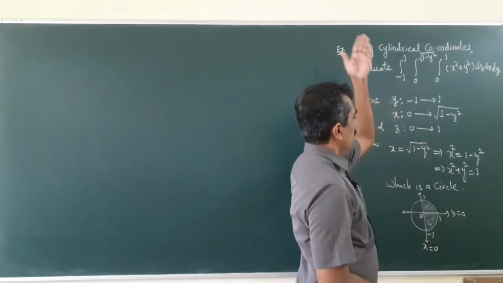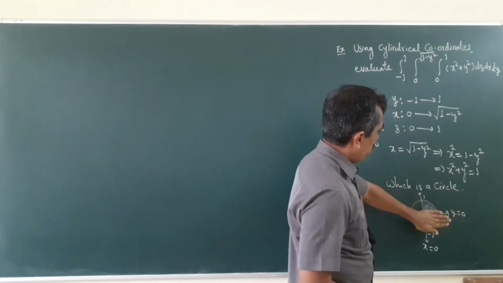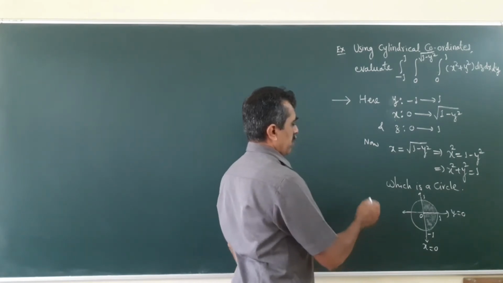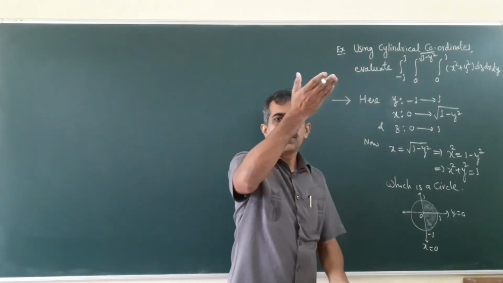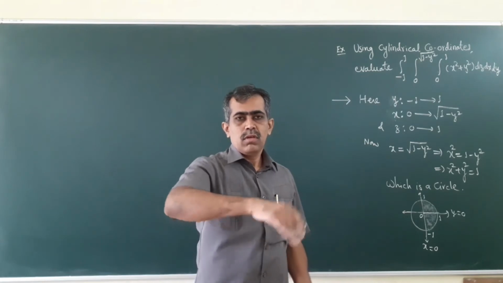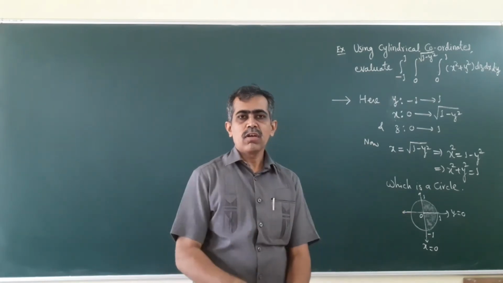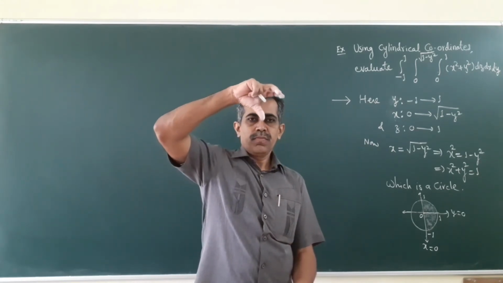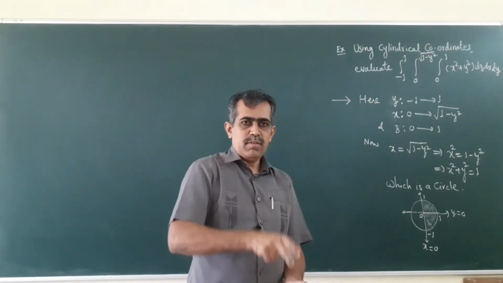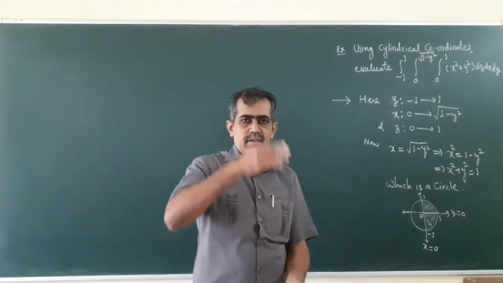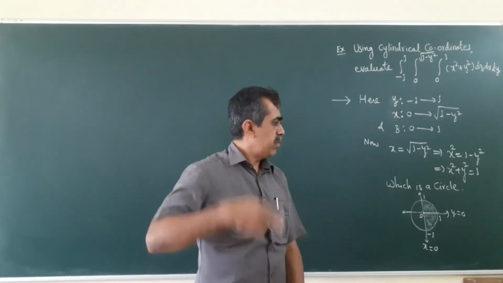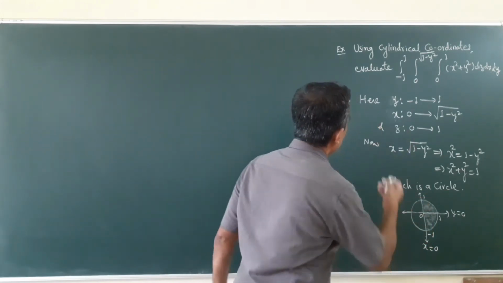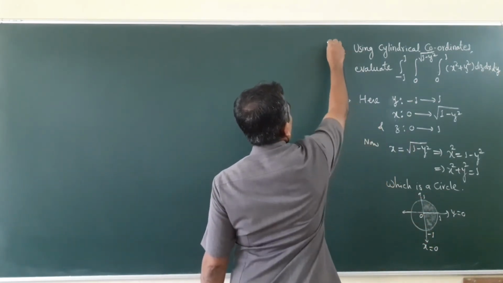Now height z goes from the xy plane up to height 1. In the xy plane, suppose you have kept a semicircle on the ground and take it up to height 1. So it will be a semicircular cylinder, where y runs from minus 1 to 1. Now we will go for cylindrical coordinates.